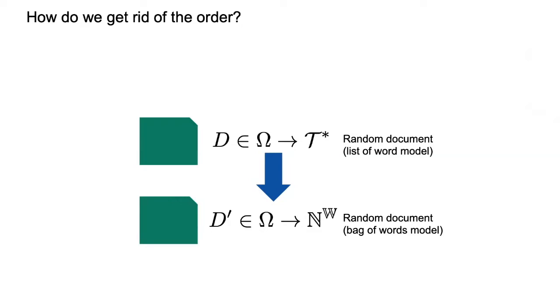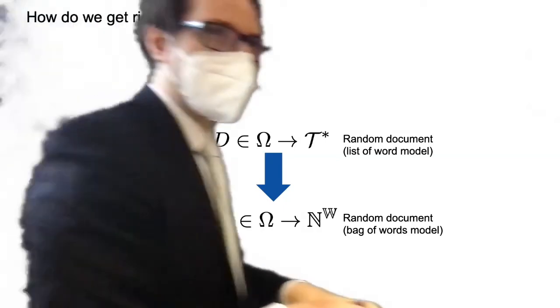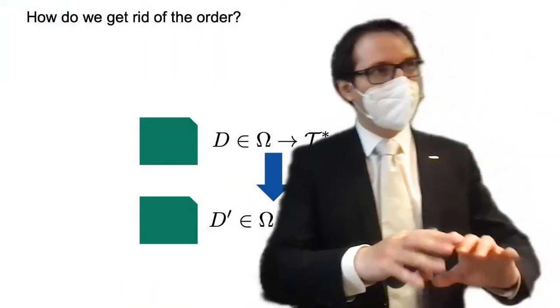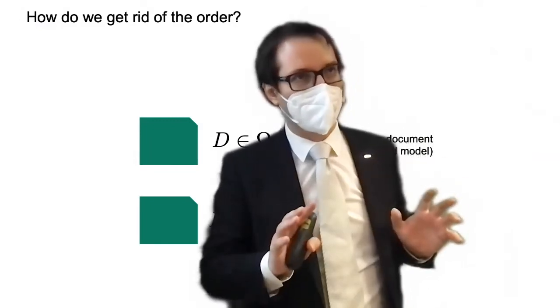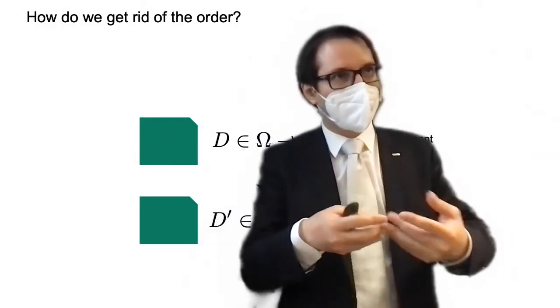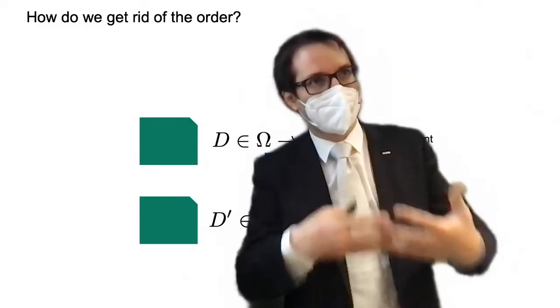What's important to understand is that the list of words model is more fine-grained. It has more information. The bag of words model is like zooming out a bit, and forgetting a bit of information. It's a random variable that is a bit more coarse than the list of words model.